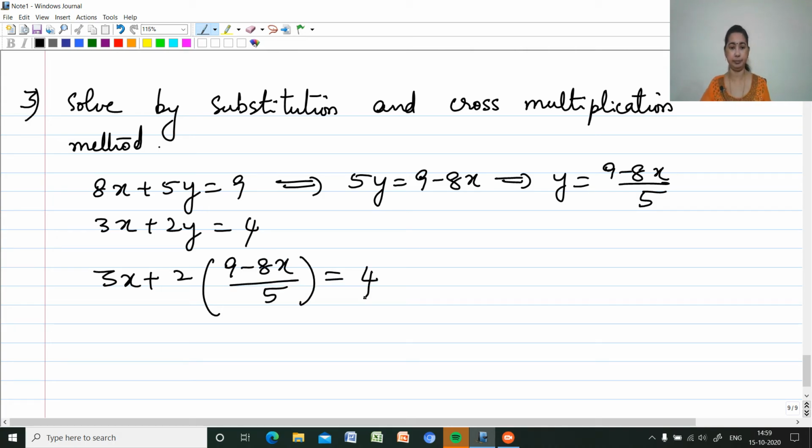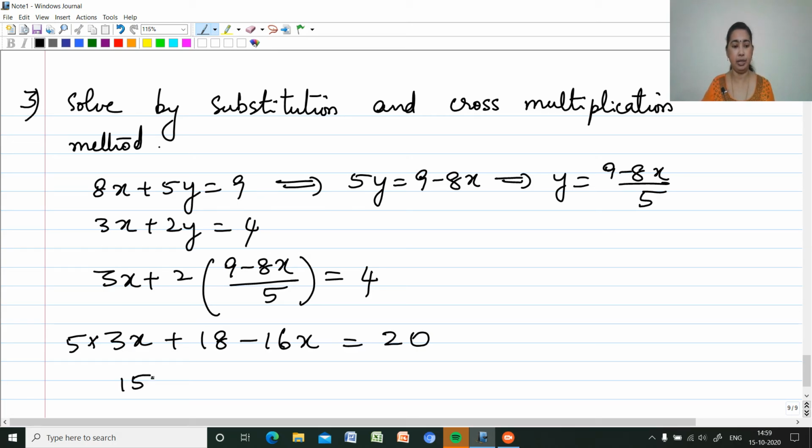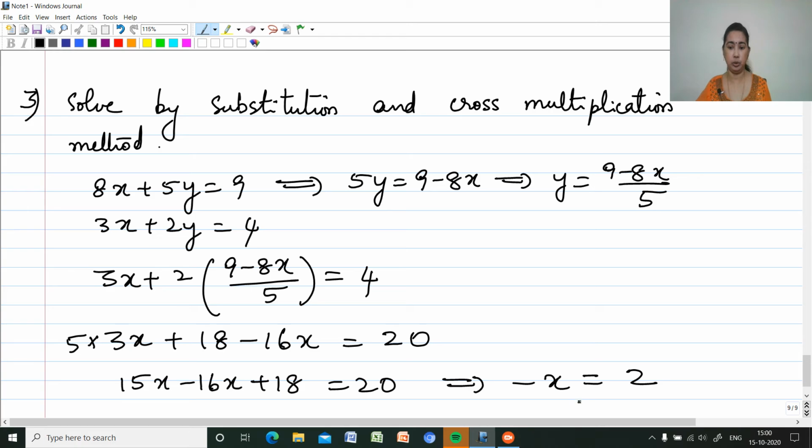And that is 3x plus, this denominator we can multiply to this side, so into 5. 5 into 3x plus 18 minus 16x is equal to 20. And that is 15x minus 16x plus 18 equal to 20, or minus x equal to 20 minus 18, that is 2, or x equal to minus 2.